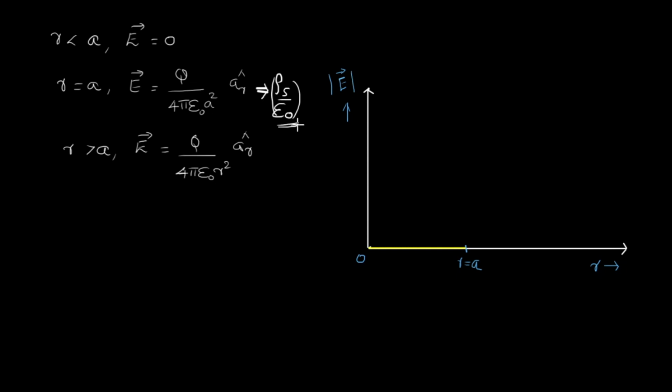So I treat this as the maximum value. So maybe that maximum value is somewhere here. This is my maximum value, given by rho S by epsilon. So at R equal to A, your electric field intensity suddenly rises to that value.